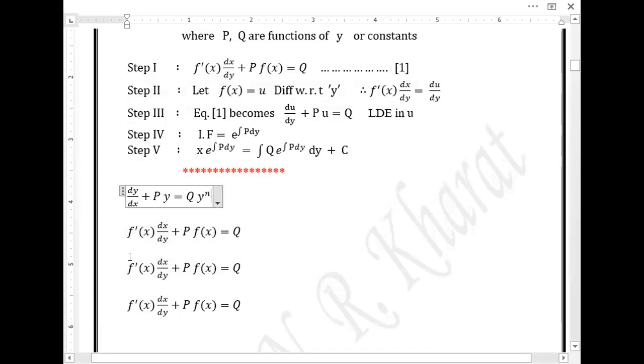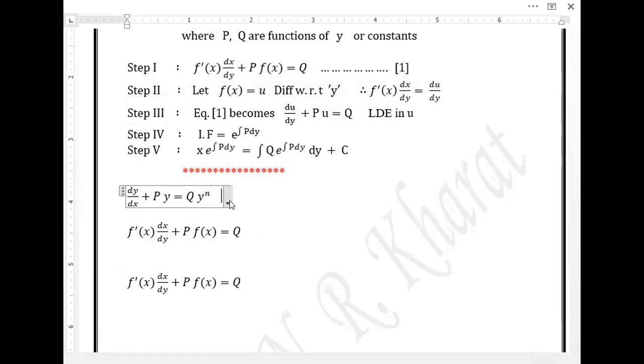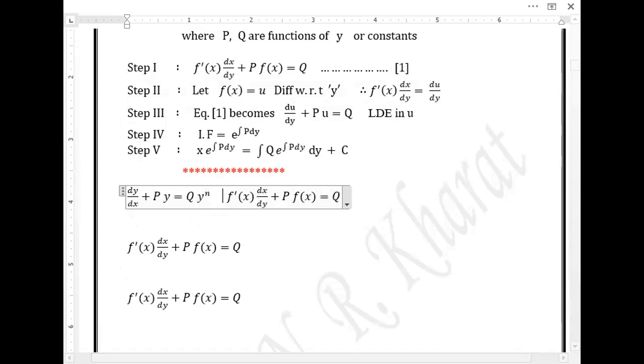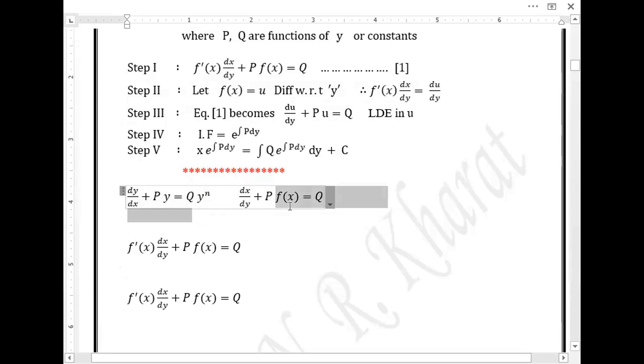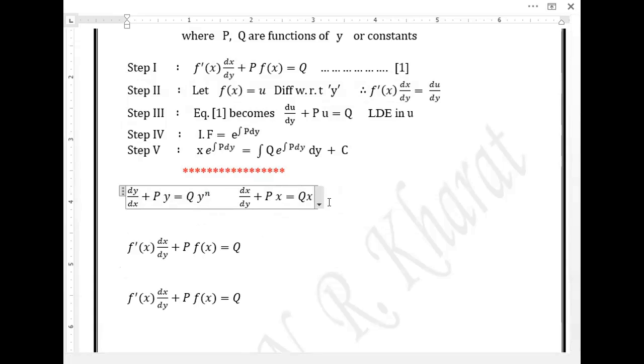Type number second is the example in the form of dx upon dy plus p into x, and q is multiplied by x raised to n. So type number second. Type number third is here.